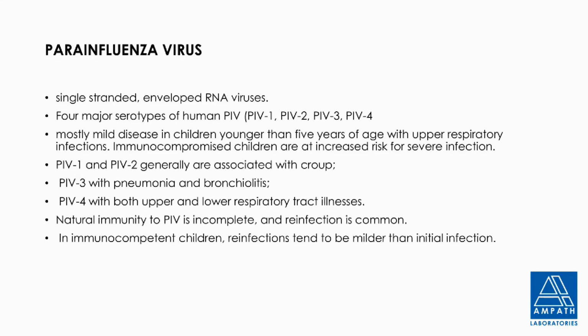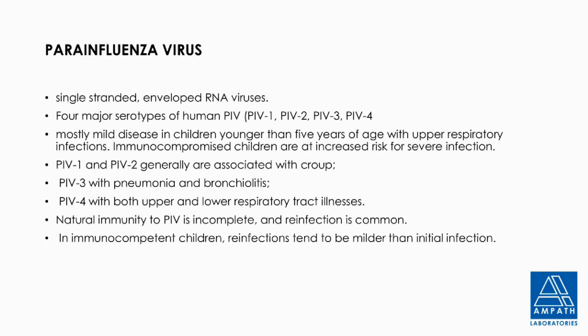The interesting thing to note is that 1 and 2 tend to be associated with croup, whilst 3 tends to have more serious pneumonia and bronchiolitis. And your serotype 4 is generally both upper and lower respiratory tract illness. So it's just important things to note that may not really make much of a difference, but it may explain the clinical manifestations that you are seeing.